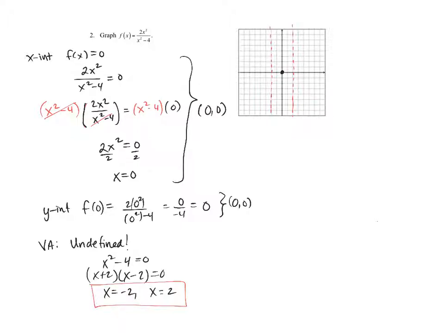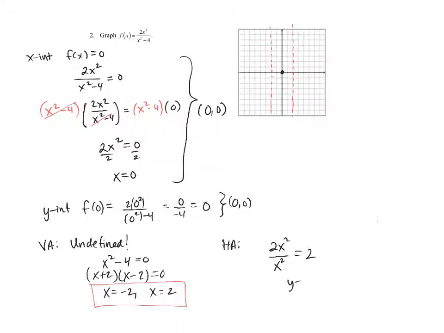Okay, next up is the horizontal asymptote. I'll give you a minute to work on that. Okay, the process here is we divide leading coefficients, ignoring the remainder.